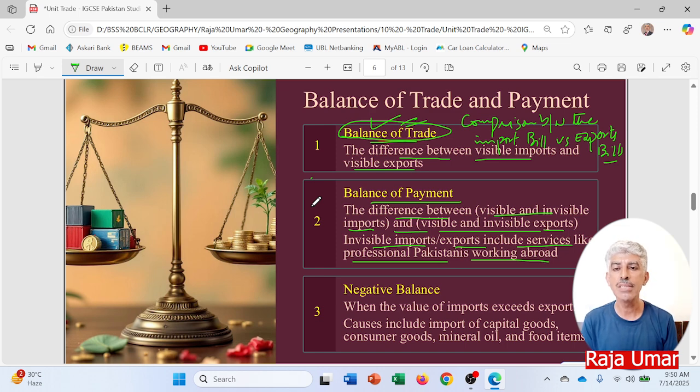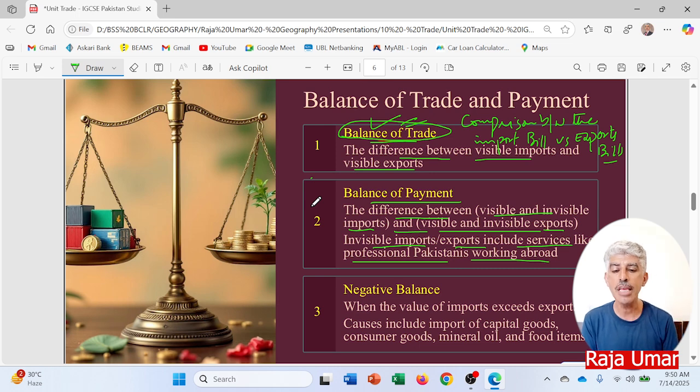So it means that Pakistan is earning foreign exchange because of those people. The services they provide over there bring income to Pakistan. That foreign exchange is because of those services, not because of trade. So it becomes the balance of payments.